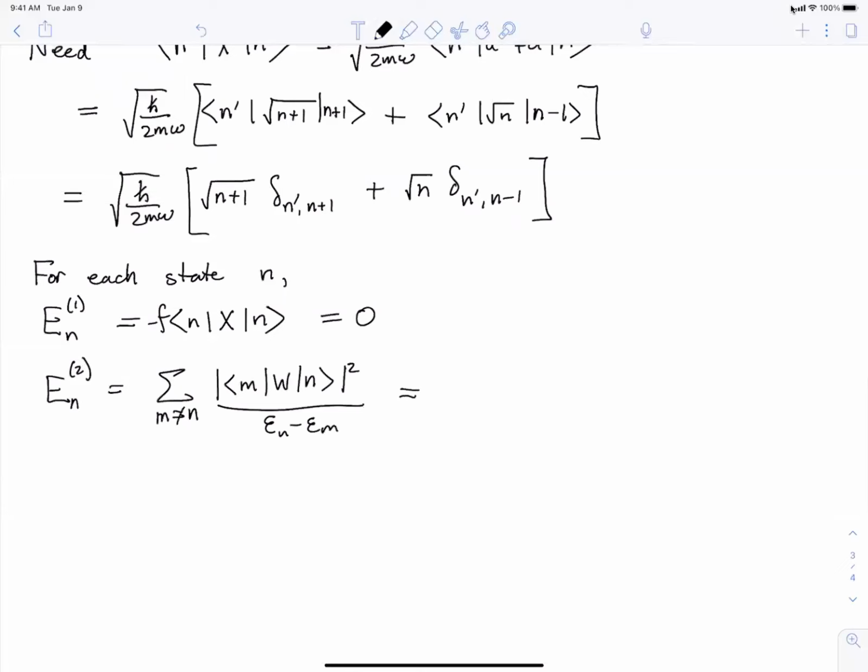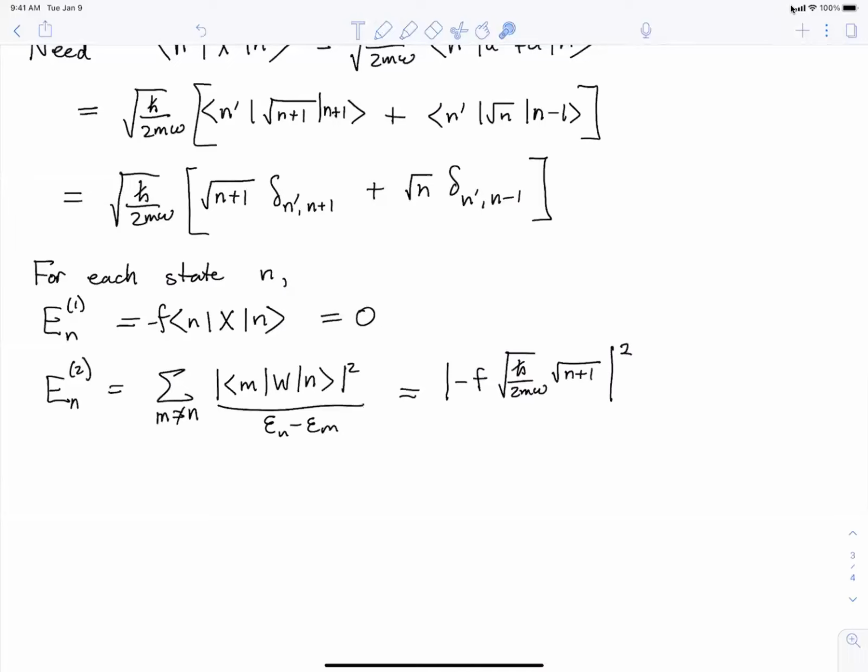There's a term where m is equal to n plus 1. And so that is going to equal minus F times the square root of ħ over 2mω times the square root of n plus 1, and we're instructed to square that.